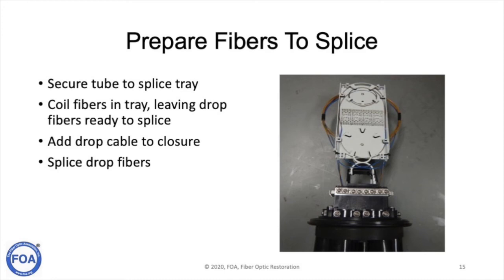Our open buffer tube is secured to the splice tray the way we would normally secure a buffer tube to the tray, except remember we have 2 ends. So we secure the buffer tube to the tray and we carefully coil the fibers up in the tray, leaving separate the fibers we want to splice.